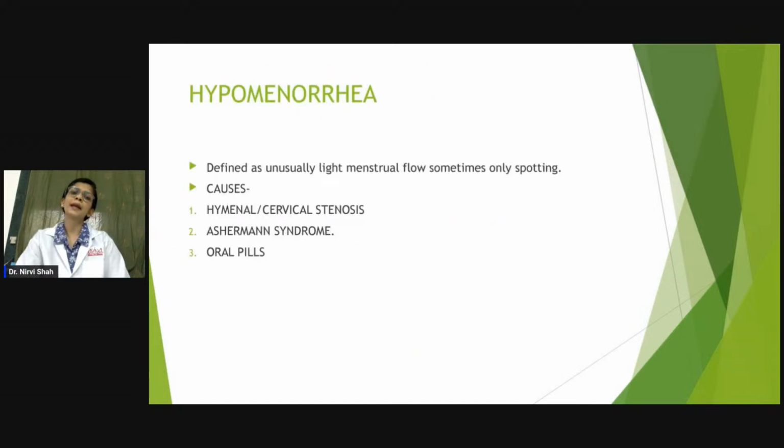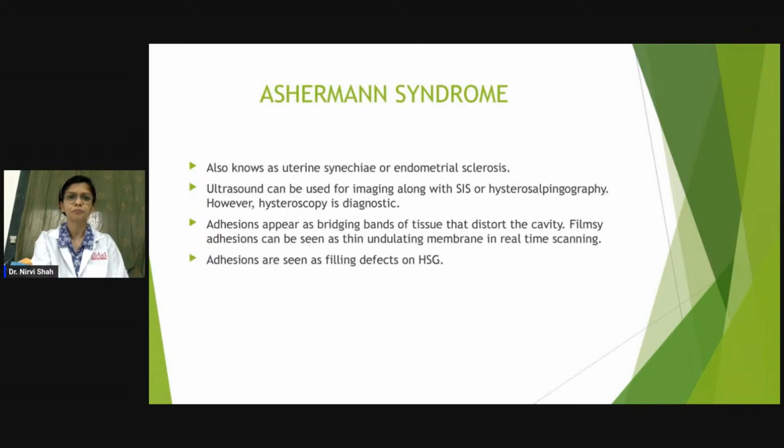Now let's go to the next one, which is hypomenorrhea. It is usually a very light menstrual flow, sometimes only spotting. The only thing which we can look for in USG in hypomenorrhea is Asherman's syndrome. Most of the other causes are medical causes. So Asherman's is nothing but uterine synechia.